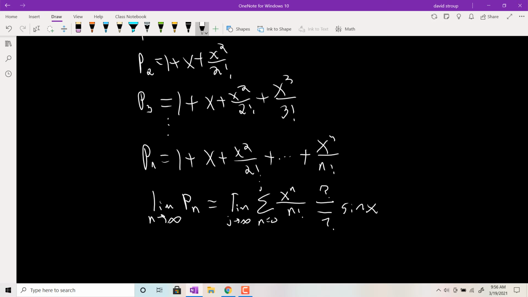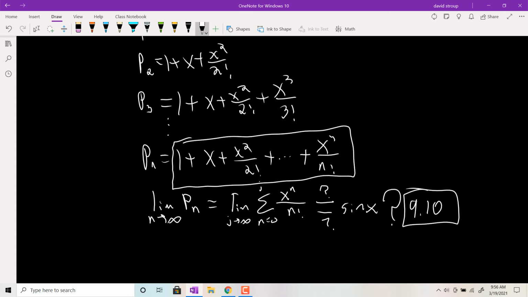Okay, so that's where we want to go in 9.10. We won't be able to get there until then. Right now, we're just solely focused on building these polynomials. This thing that we've built is called the nth degree Maclaurin polynomial, a Maclaurin polynomial of degree n.